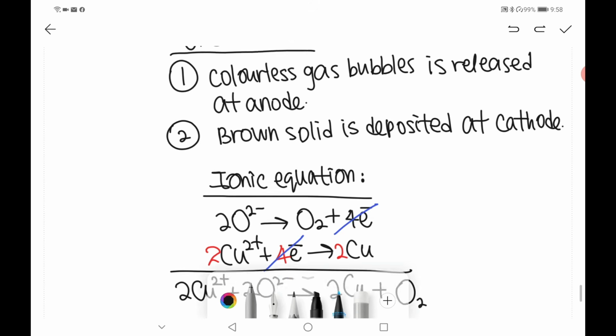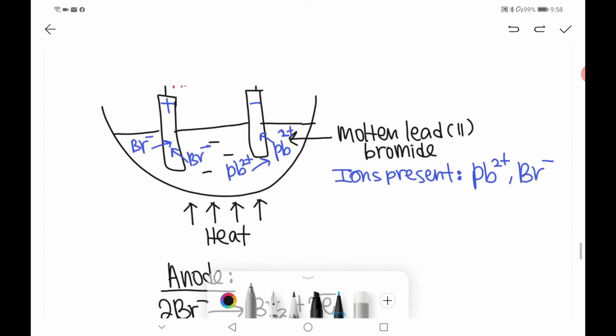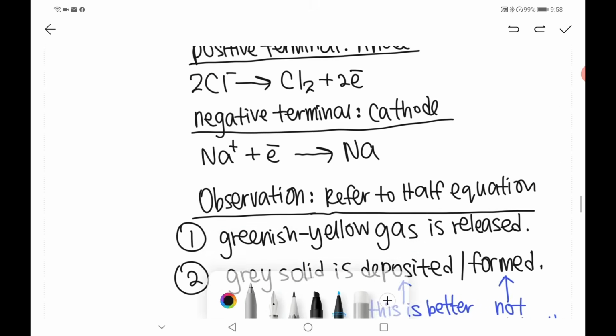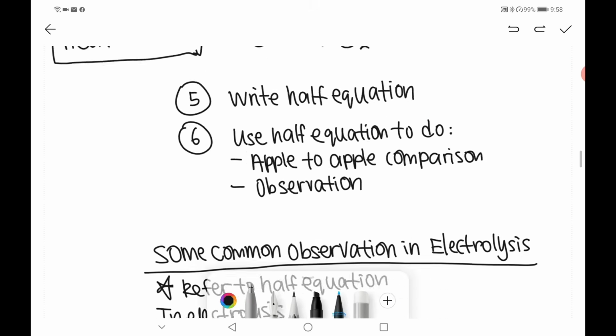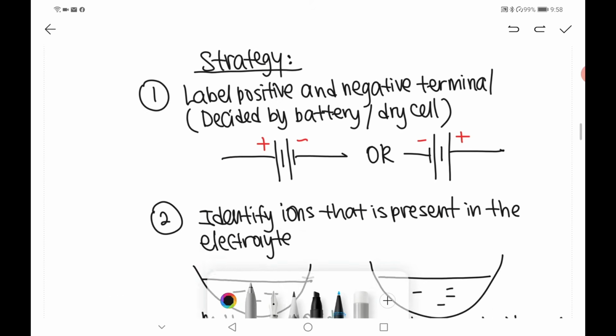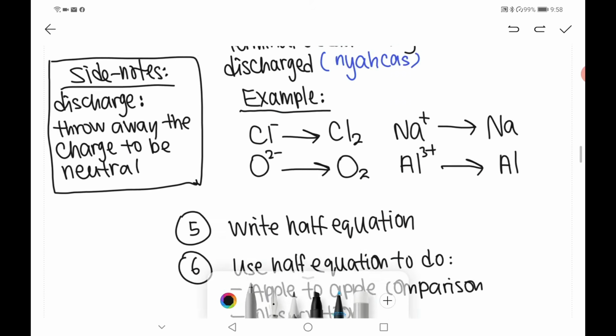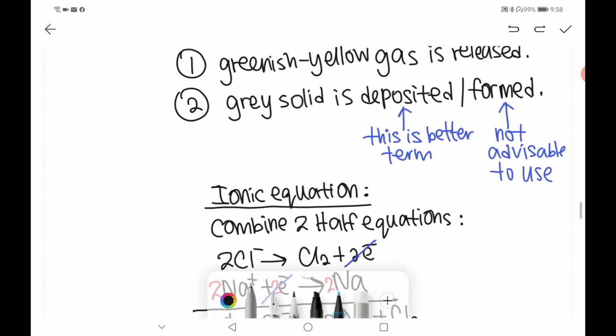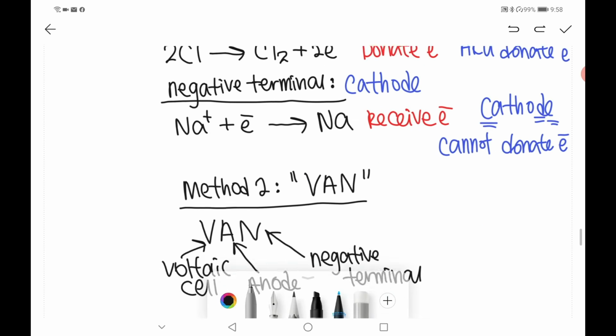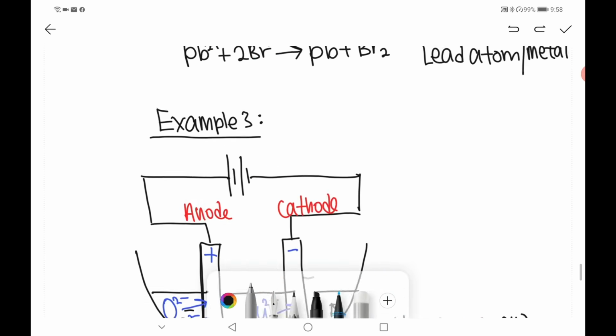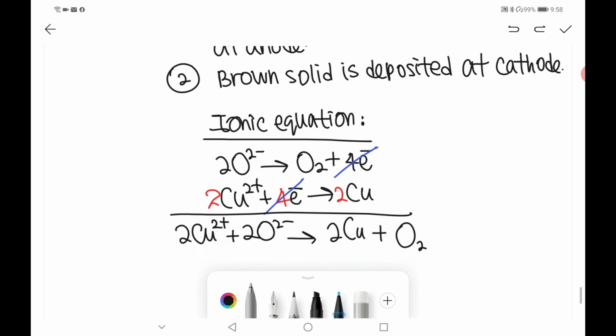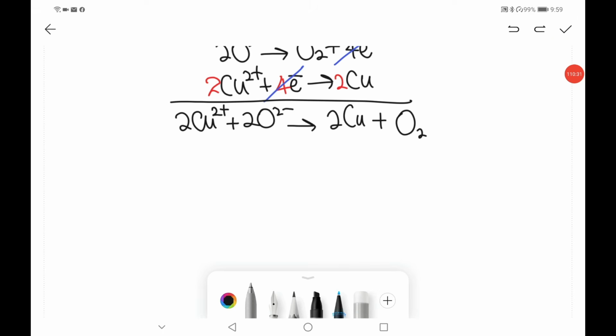This is step by step, so you can refer to here, how we are going to solve electrolysis questions step by step. I hope after these 3 examples, you have a better idea what electrolysis is all about. It's not very hard, but you have to do it step by step.